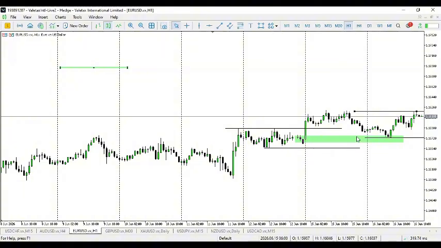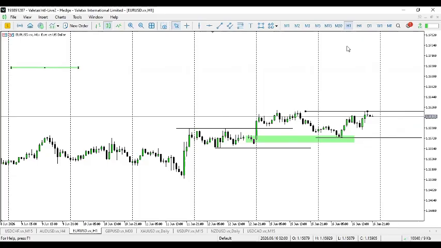So let's say yesterday's price action had broken below this previous day's low, and then this day starts and price action is still below this low. That will signify a fundamental change, a change of character, changing from that bullish tendency to bearish tendency.